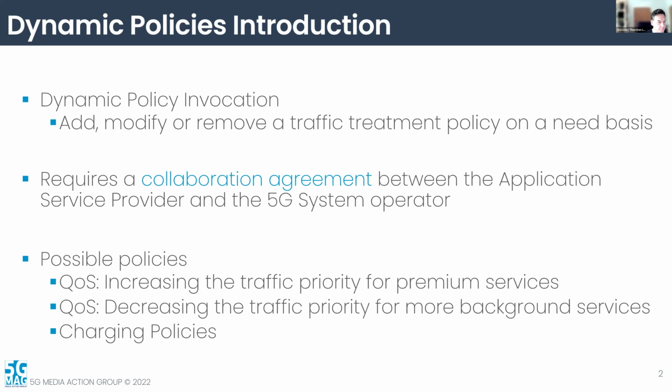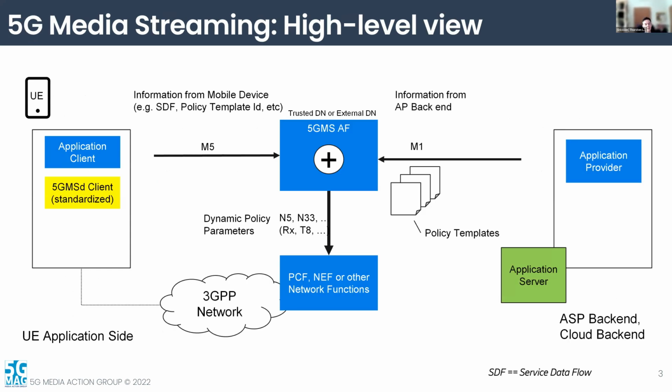But first, this information is shown from this perspective. As indicated, this dynamic policy invocation is an on-demand, on a need basis thing. So here the concept is that the application, on a need basis, uses the M5 API to interact with the 5GMS AF in order to indicate, okay, now I need to have a certain policy because of a certain use case. The device provides information with it, like the service data flow description, so which traffic flows should be treated according to this policy, what type of policy should be provided, and so on.